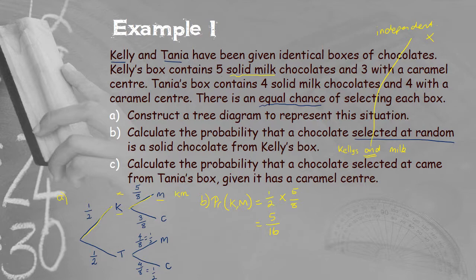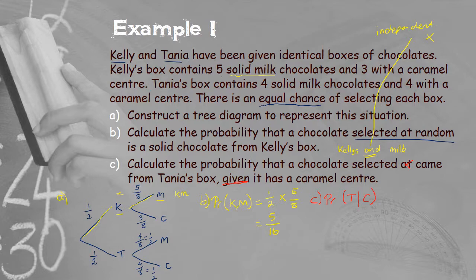Our last option C, our last question: calculate the probability, PR, that a chocolate selected came from Tanya's box. So Tanya's box, given, so here's this conditional probability, given, I need my straight vertical line, it has a caramel center.